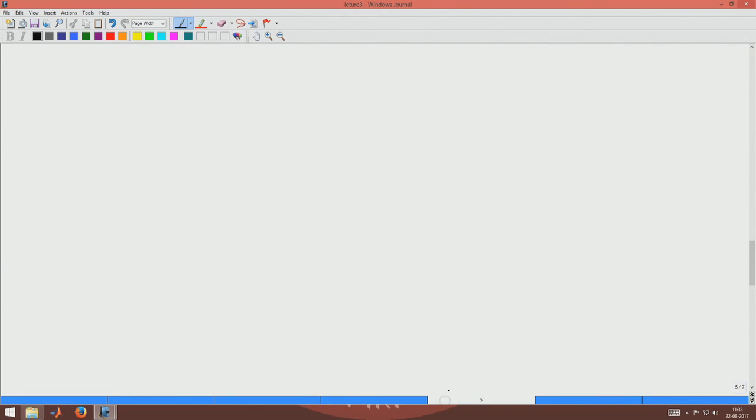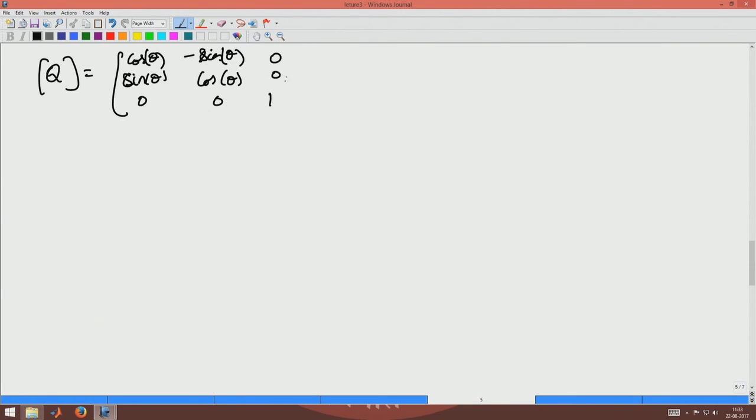Okay. For our example, Q is cos theta, minus sin theta, 0; sin theta, cos theta, 0; 0 0 1.